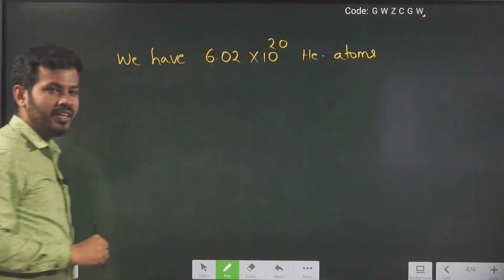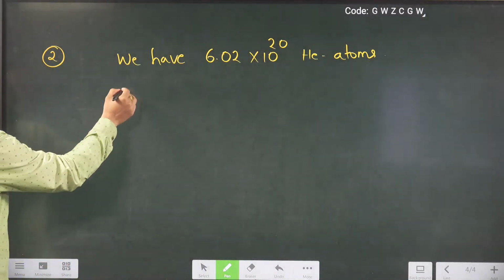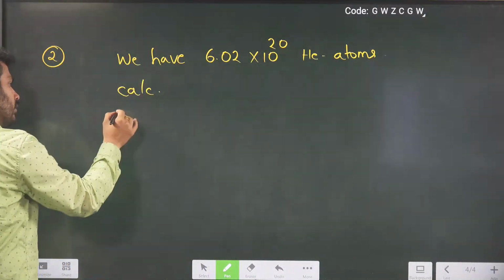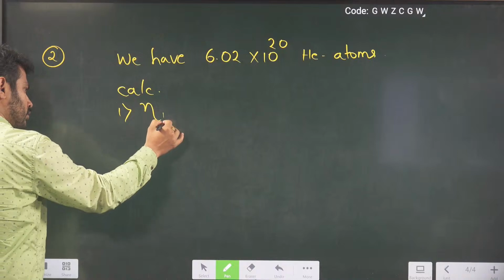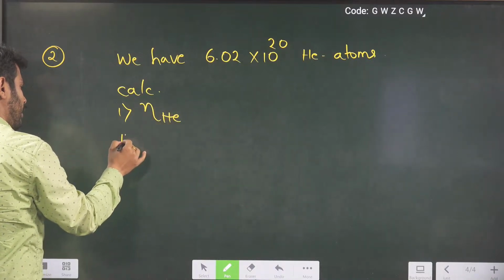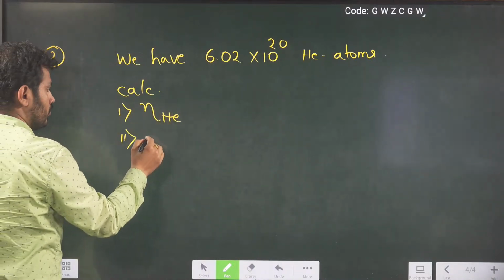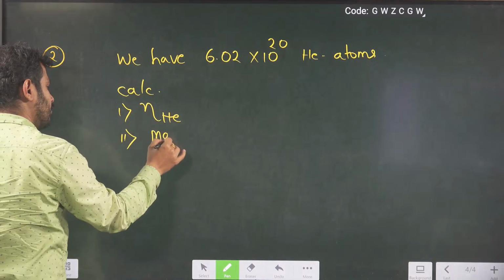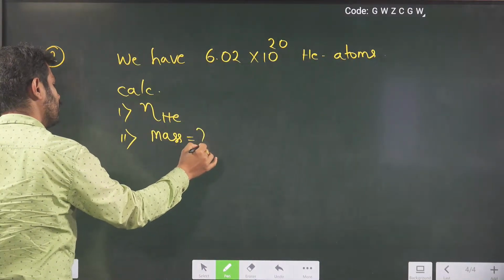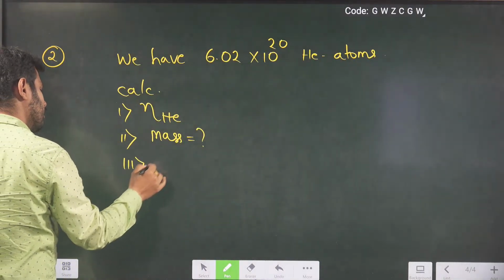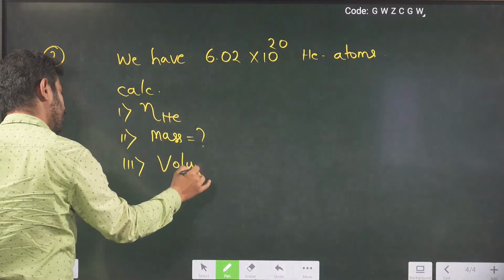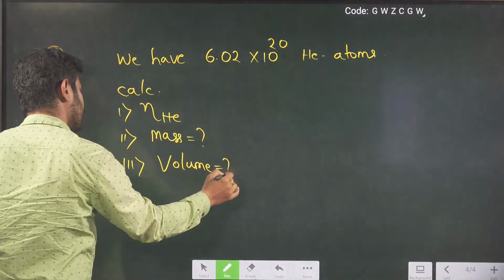We have these many helium atoms with us. Now we have to calculate point number 1, number of moles of helium atoms. Point number 2, mass of the sample. Point number 3, volume of this gas sample.